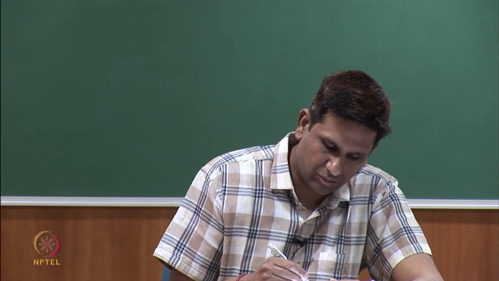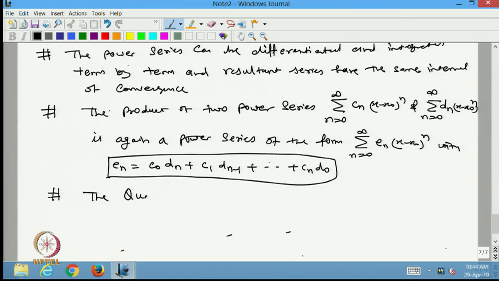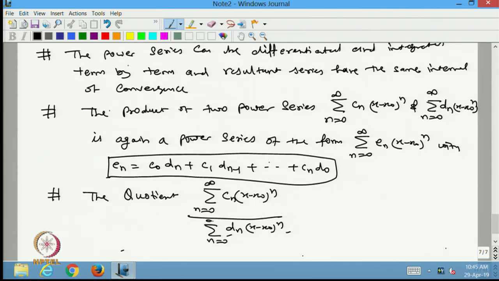And the next one is that the quotient, that is Cn (x minus x naught) power n divided by dn (x minus x naught) power n, is again a power series, provided d0 is not equal to 0.